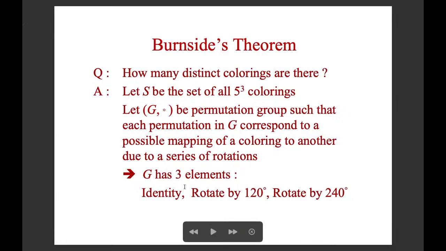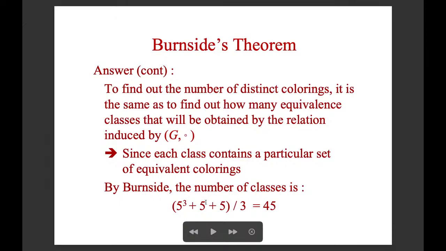So it is 5 to the power 3 plus 5 plus 5, divided by 3, so we get the answer 45. So Burnside will be very useful. It transforms counting the number of equivalence classes into counting the individual invariants in the permutations.